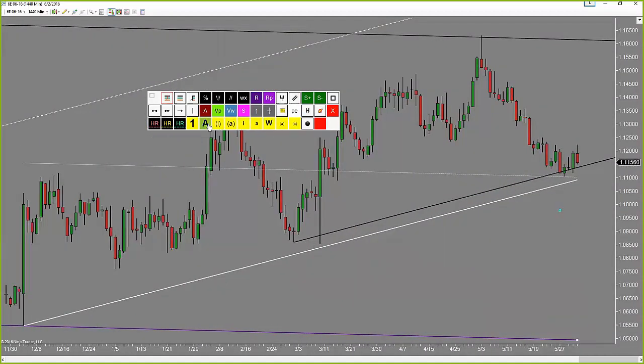If this is your 1, 2, 3, 4, 5, how would you find the end of that fourth wave right there? Any ideas? Yeah, you're going to draw a trend channel, but where are you going to connect?